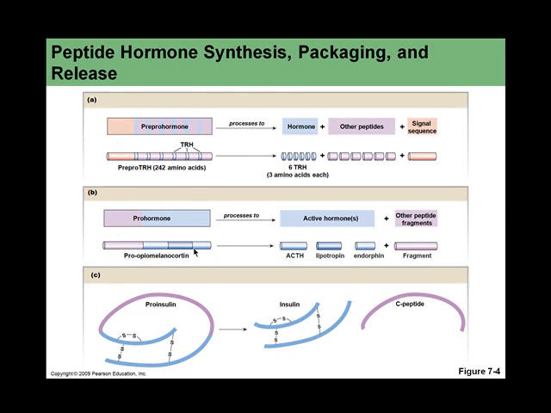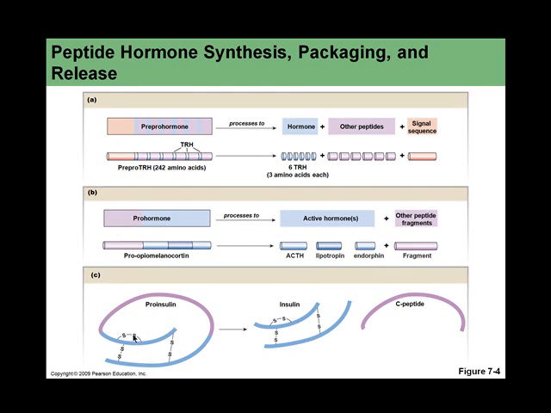The pro-opiomelanocortin system is a bit different. We're not seeing the pre-pro hormone. We're starting with the pro hormone, so the signal sequence has already been cleaved in this case. There's additional processing into 1, 2, 3, 4 fragments: ACTH, lipotropin, endorphin, plus another fragment. And then there's other cases, such as the proinsulin being processed. First, there are at least these 4 cysteine residues.